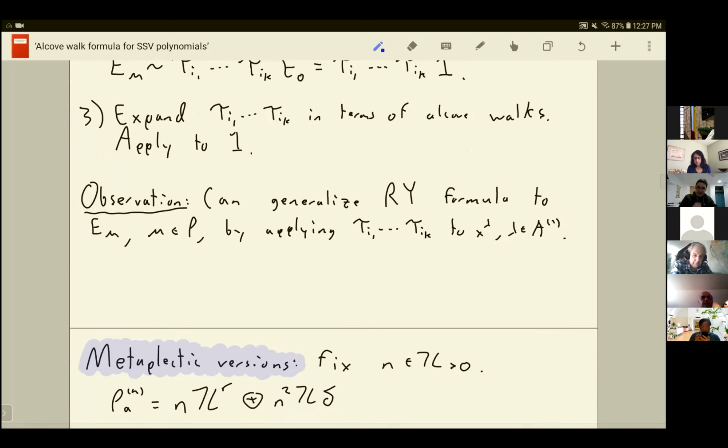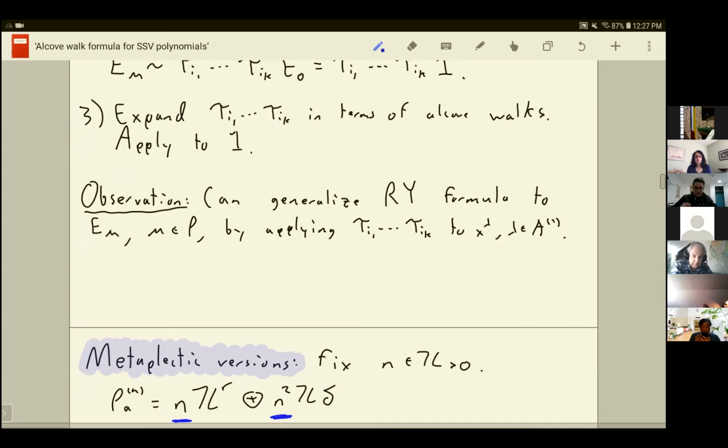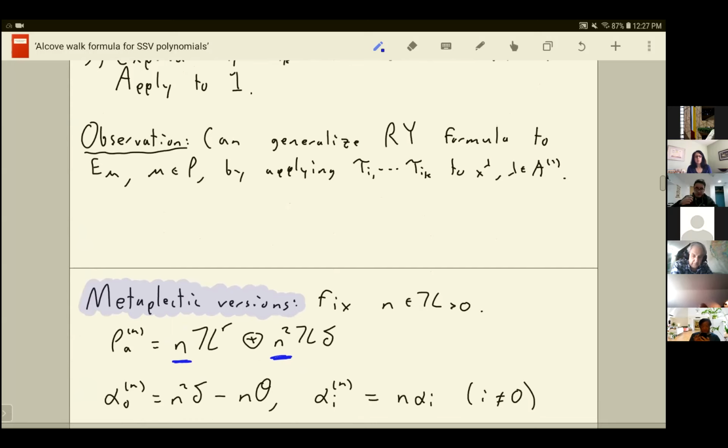We now have the n affine weight lattice, where I'm taking the finite part and putting an n on it, and taking the affine part, the span of delta, and putting an n squared. That's what all of these formulas are doing. So alpha 0 n is now the same as alpha 0, but with an n squared here and an n here, and alpha i n for i not 0 is just a multiple of alpha i.